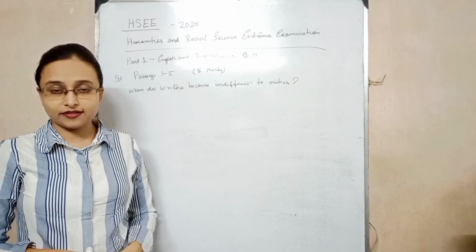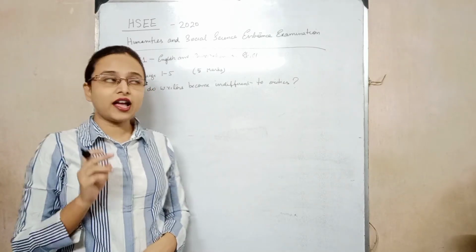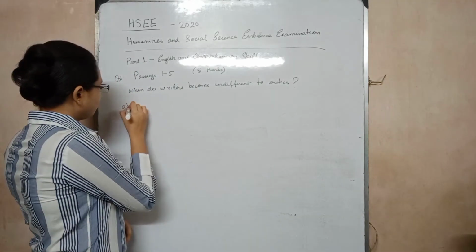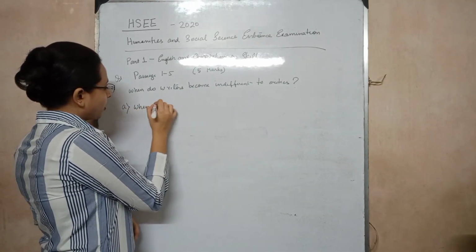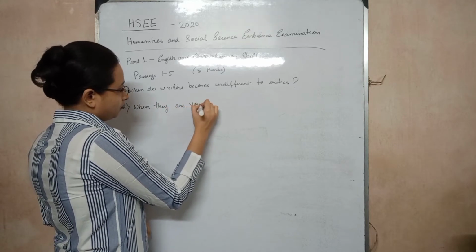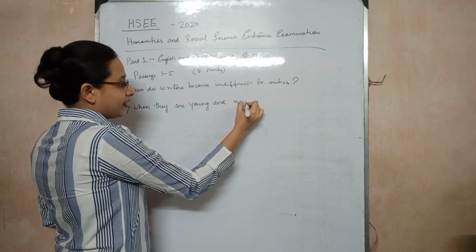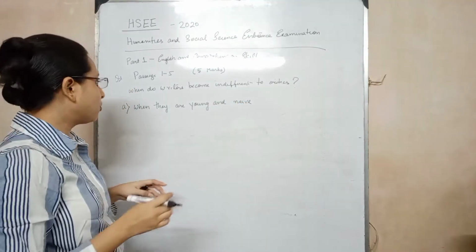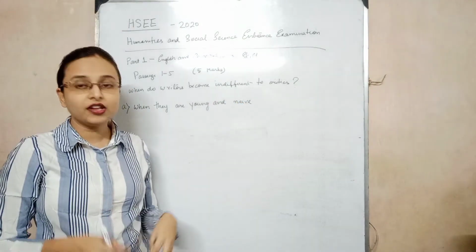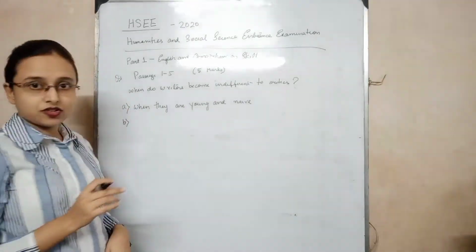The first option given was, when they are young and naive. Okay, so I hope you understand the meaning of young and naive. Young and inexperienced, basically.